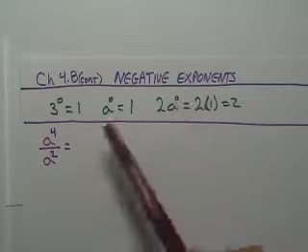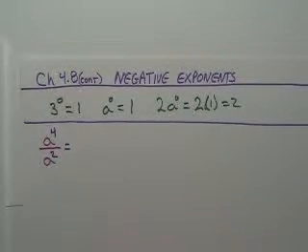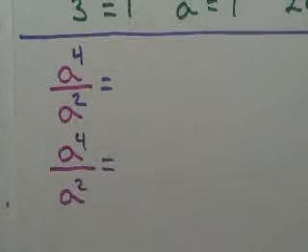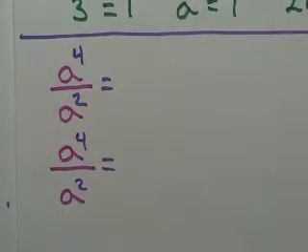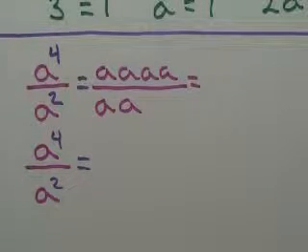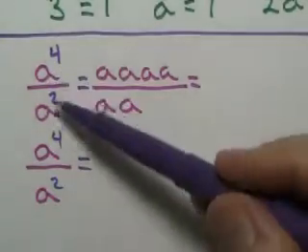Okay, our title is negative exponents, so we're going to lead up to that point. We're going to do the same problem 2 ways. I just kind of stacked them on top of each other. On the top here, this is what we're used to doing.